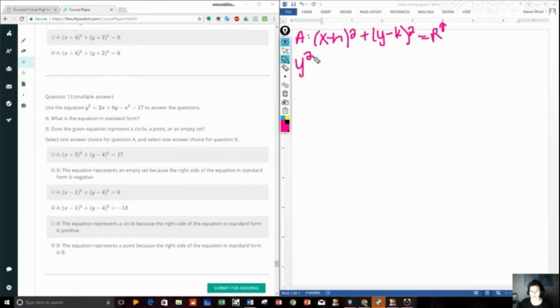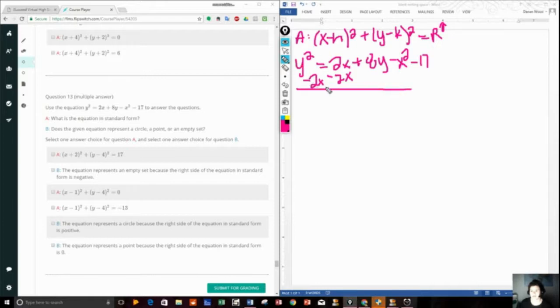So the first thing that I'm going to do with the equation that is given, y squared equals 2x plus 8y minus x squared minus 17, is move all of these terms to the other side by the inverse operation. So 2x is assumed to be positive, so I would subtract 2x.